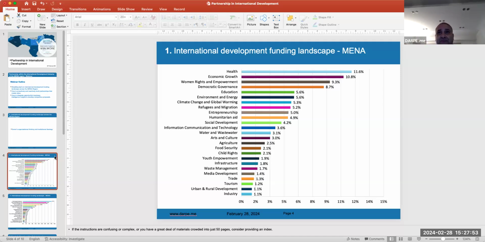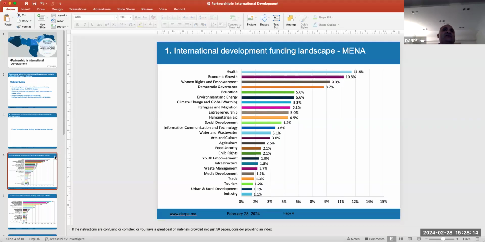And then economic growth, including private sector development, private sector support, trade included in economic growth as well. And then followed by women's rights and empowerment.